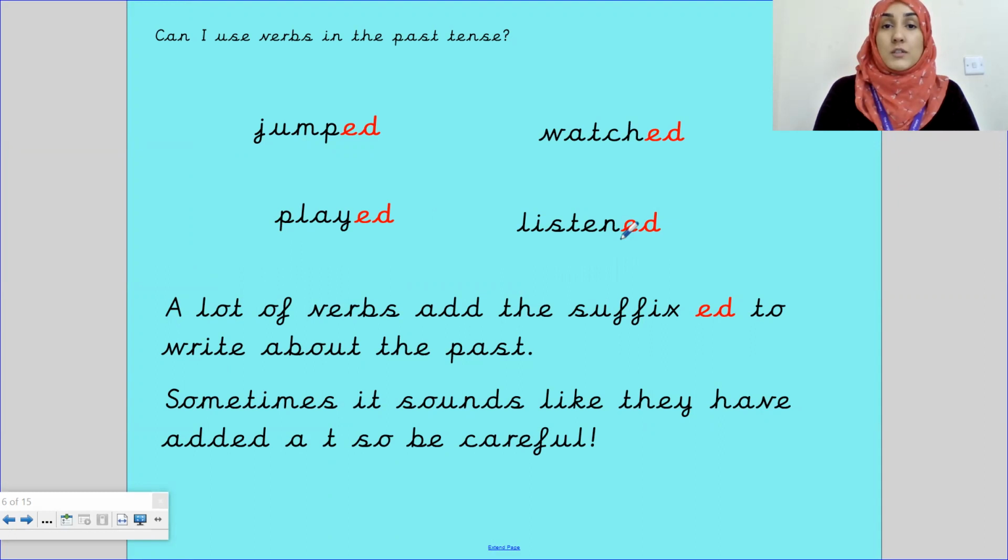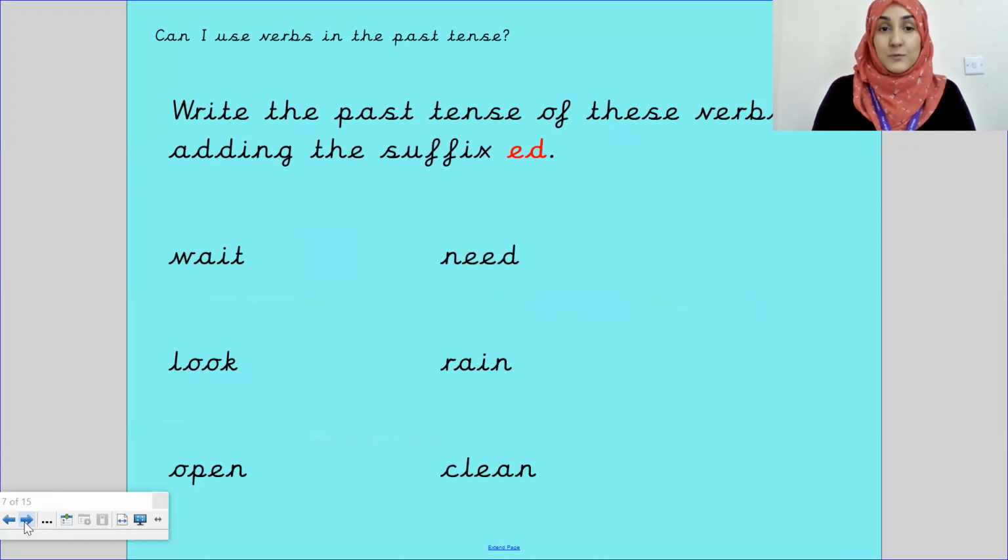Or watched, played, listened. So jumped has a t sound at the end, and watched has a t sound, but it's actually spelt with an ed. Played, listened, you can hear the d on the end. So you have to be a bit careful.